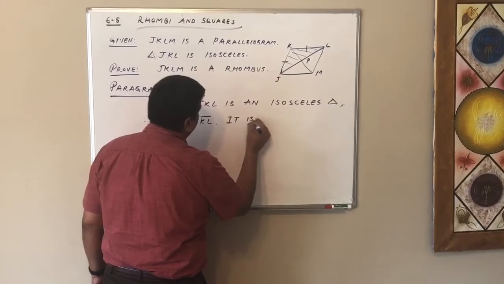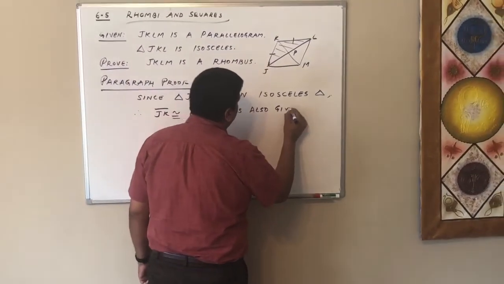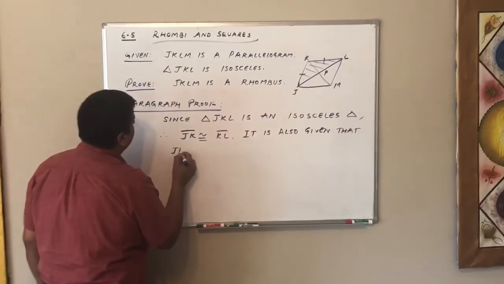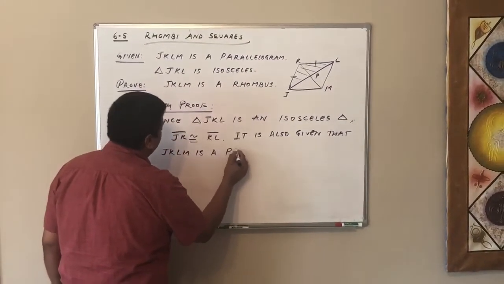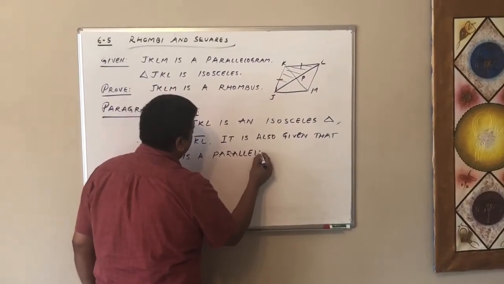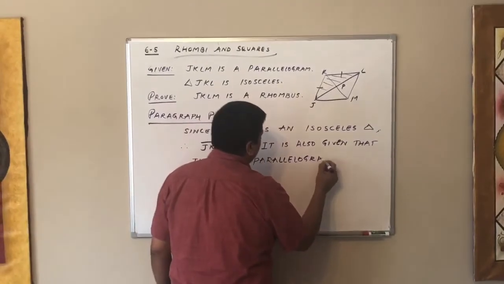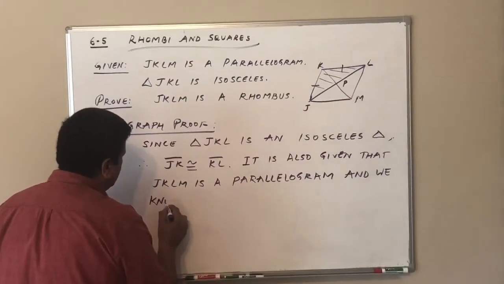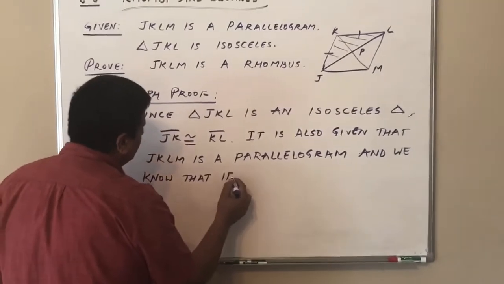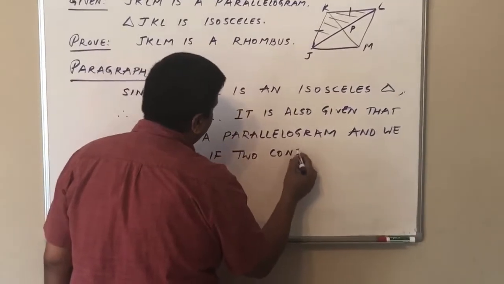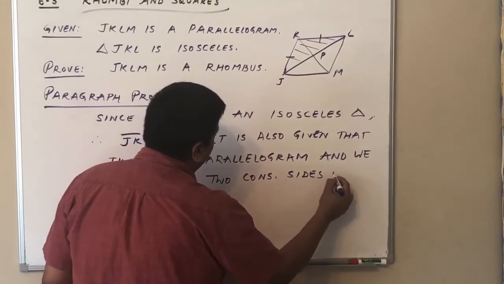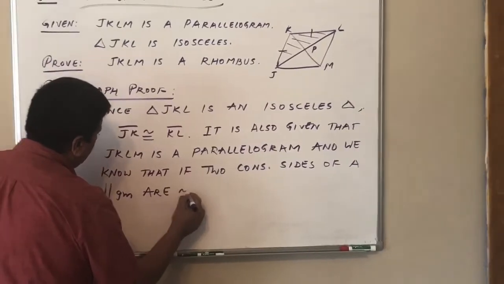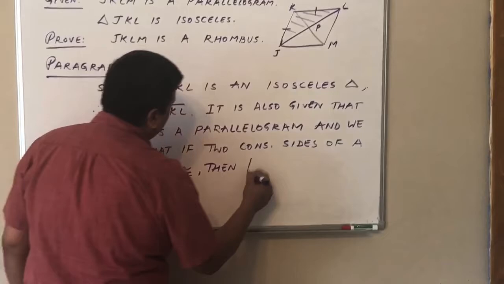It's also given that JKLM is a parallelogram, and we just learned that if 2 consecutive sides of a parallelogram are congruent, then the parallelogram is a rhombus.